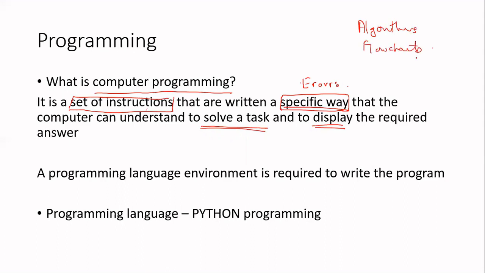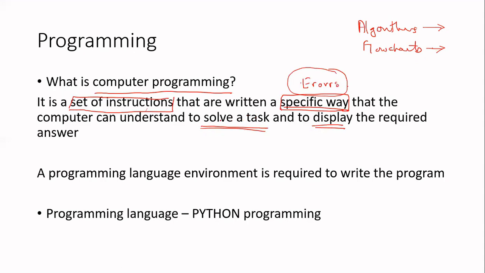Because these tools don't come up with errors whereby we can get bogged down with these errors, and they can distract us from the actual solving of the problem. So we are able to focus when we are working with algorithms or flowcharts. Our main focus is on the problem solving and not on any type of errors that can arise, as you will see when we are writing our computer program.